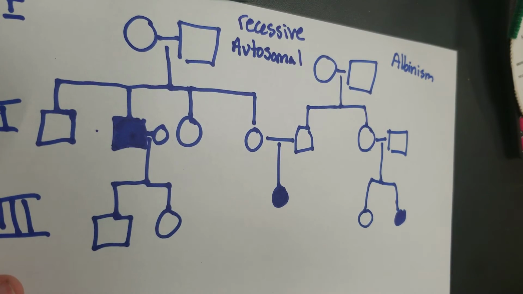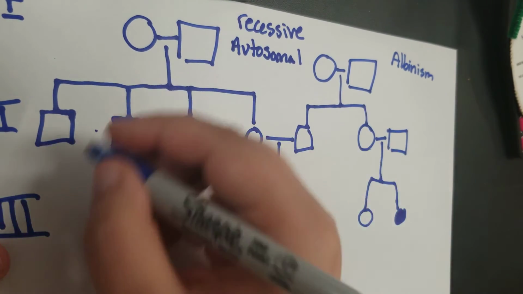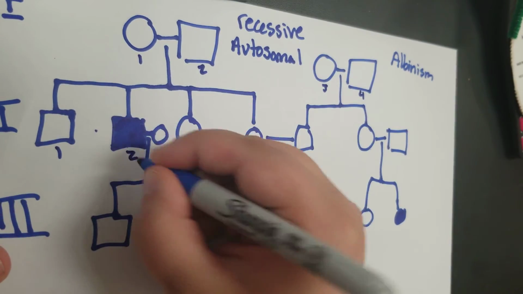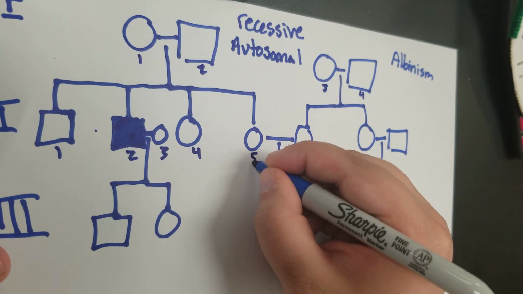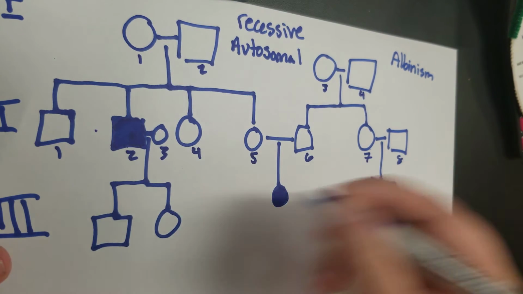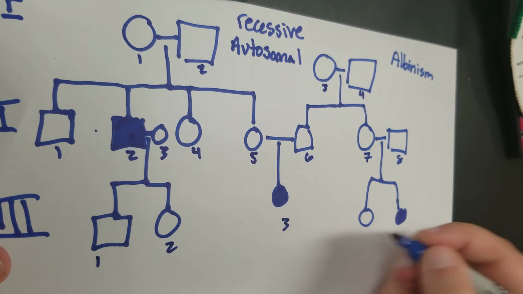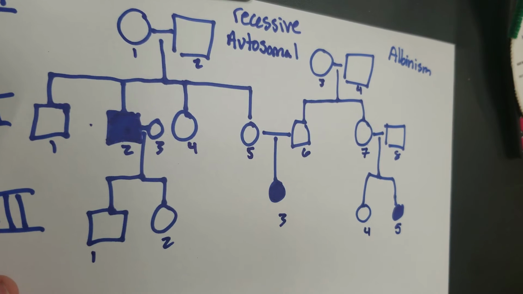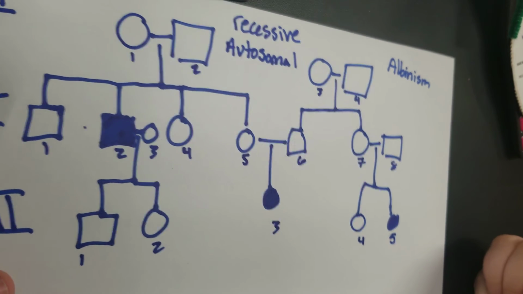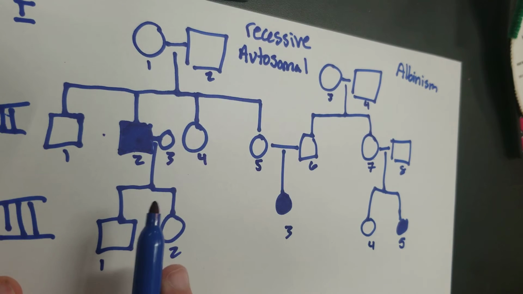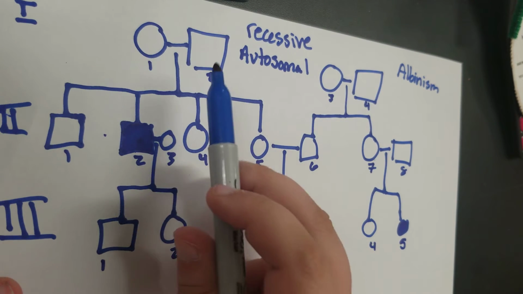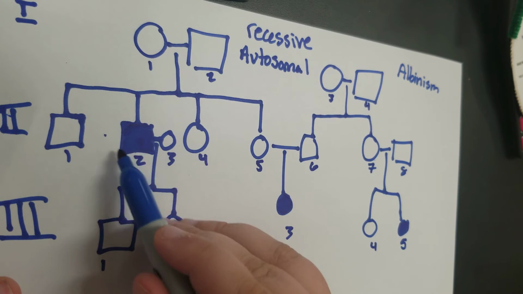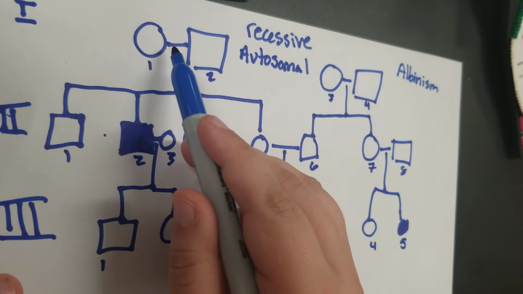If we number these guys, 1, 2, 3, 4, we can name the people, but that's not going to be on your test, so I'm not going to include that. How is it then that person 2-2 is albino when their parents are not?